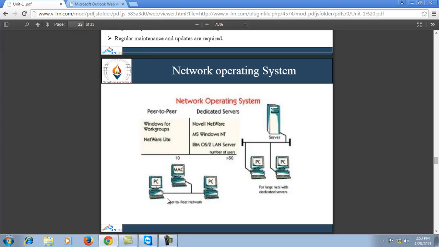You can say peer-to-peer is also where two systems are connected together, but a MAC address device is connected between them which controls both of these devices. And dedicated server is where a single server controls both PCs or n number of PCs.